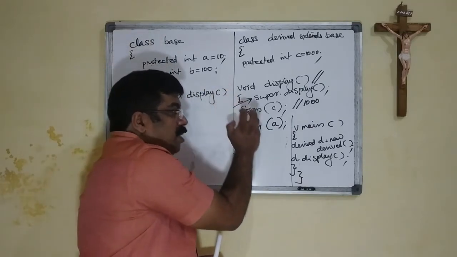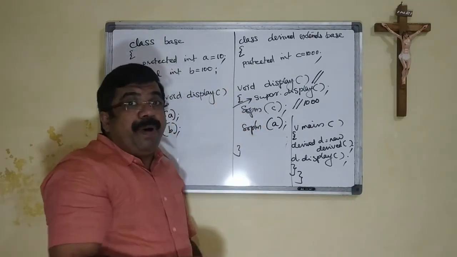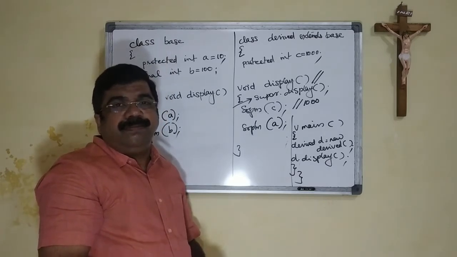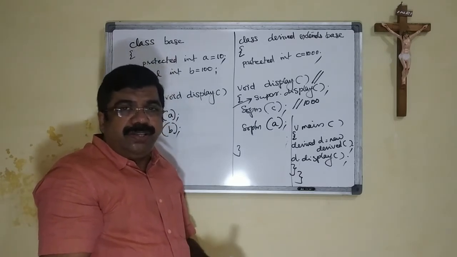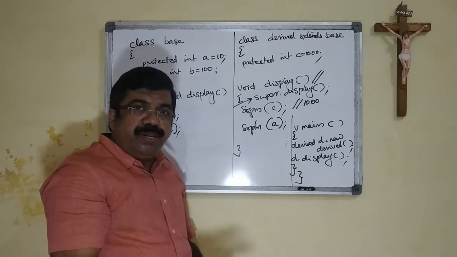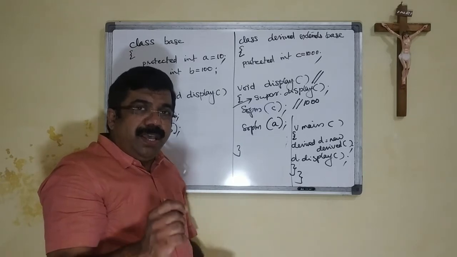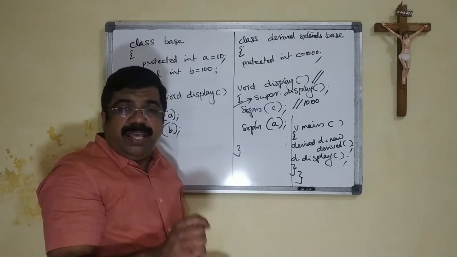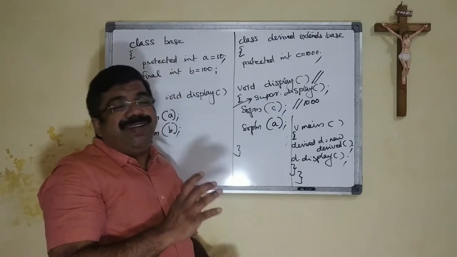That variable becomes part of the derived class. Okay, I think the point is very clear. So we came to the second point. What was that? A method which is given with the final keyword cannot be overridden.